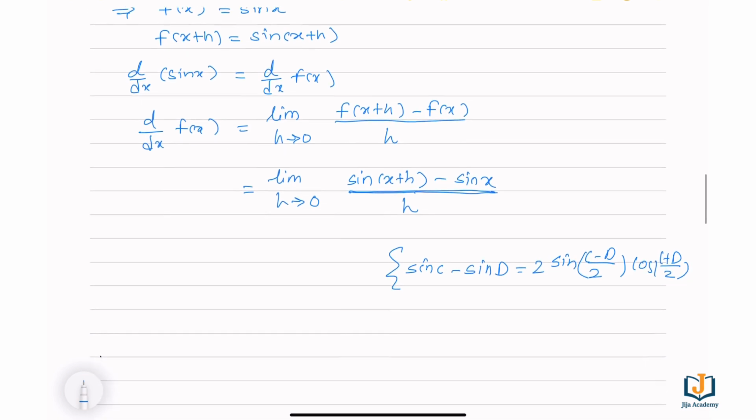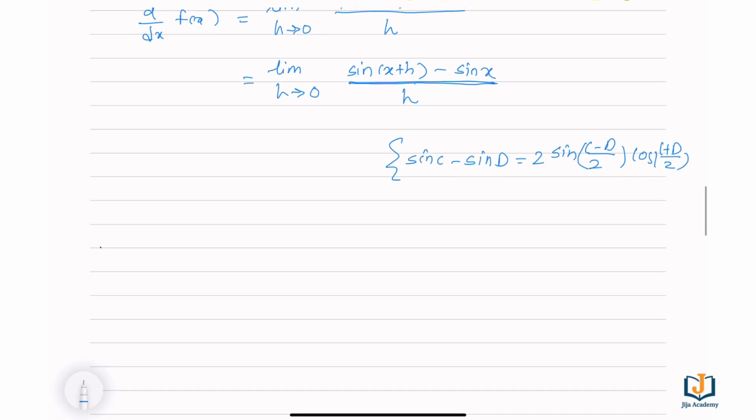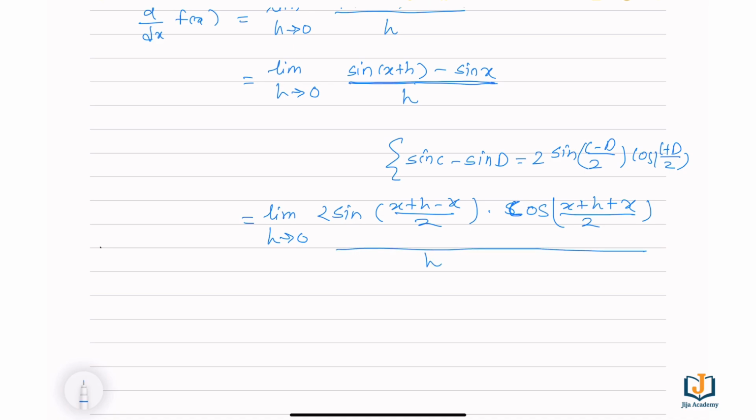So we are using the formula here, so we get limit h tends to 0 2 sin (x plus h minus x) divided by 2 into cos (x plus h plus x) divided by 2, divided by h.